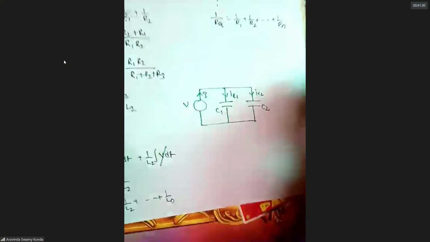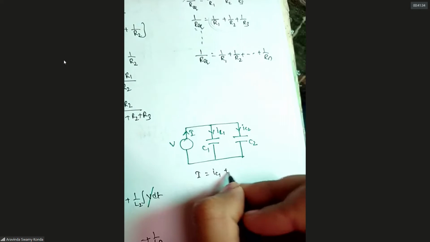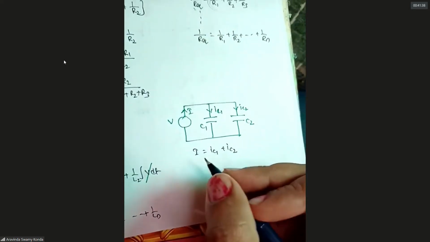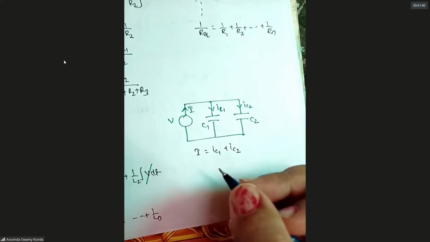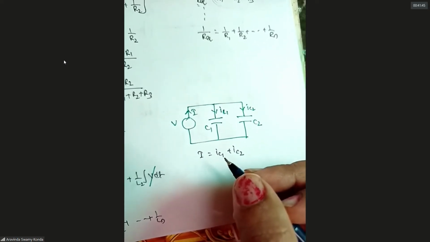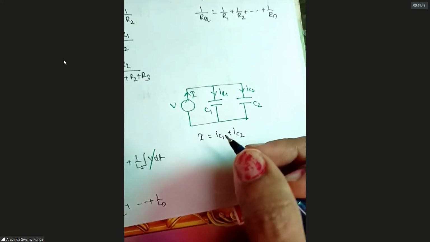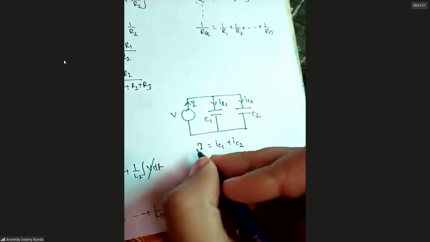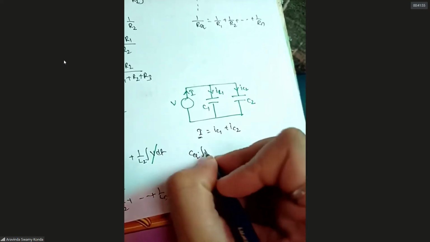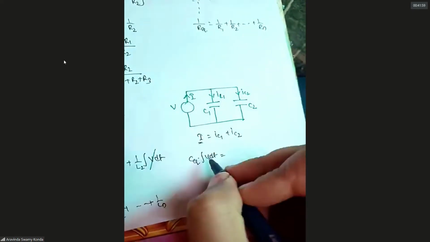So total current I equal to IC1 plus IC2. The current equation in the capacitor is C into integral of V dt, as we said. So total current is total capacitance into integral of V dt, so integral of total voltage.